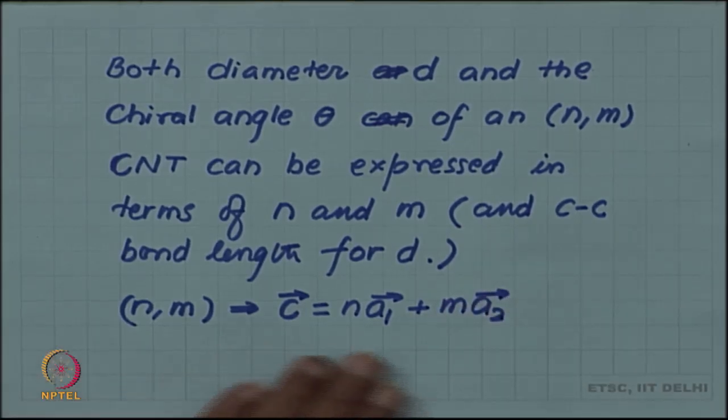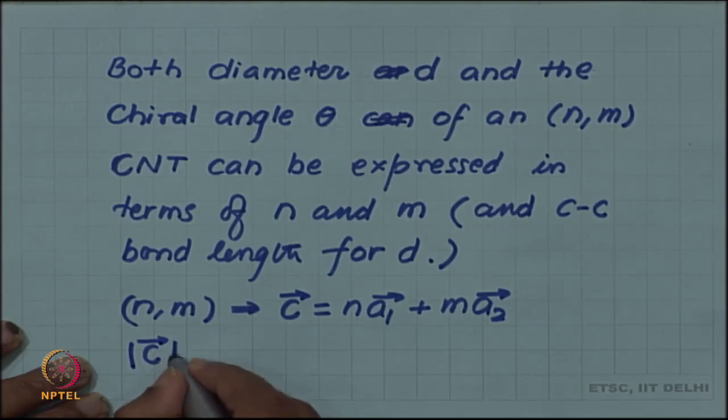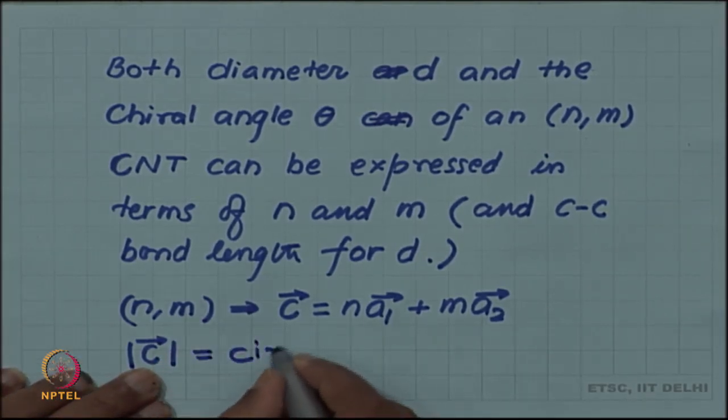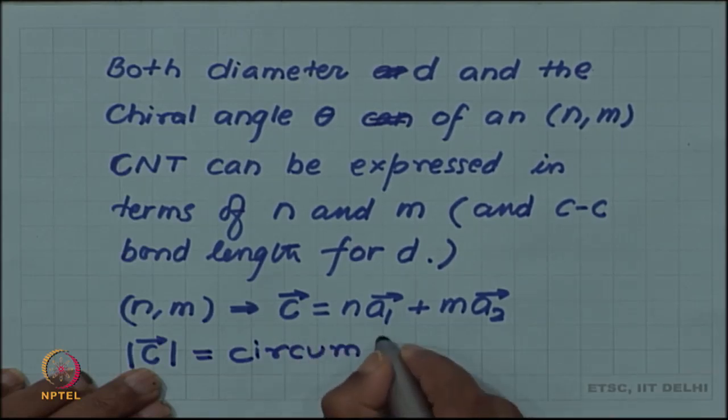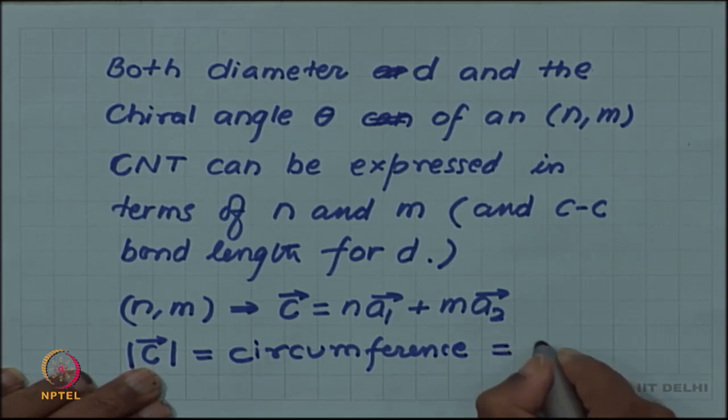And of course, once you know the vector C, we are saying that C becomes the circumferential vector. So, the length of C is nothing but the circumference, which will become pi d.